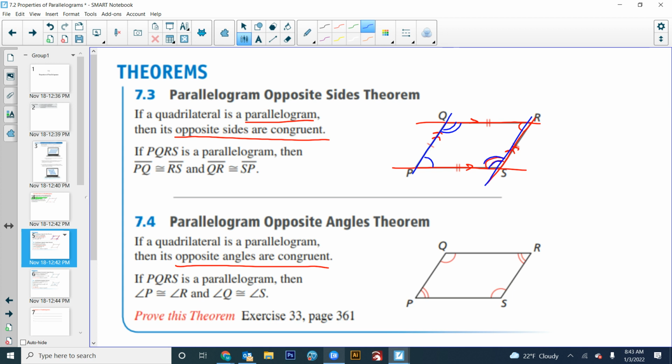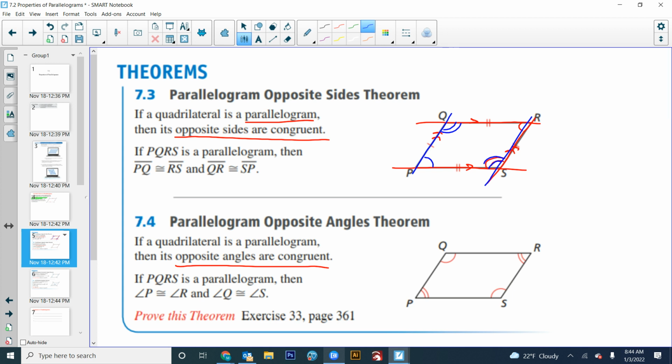If S is supplementary to P and Q is supplementary to P, then Q and S must be, careful. If S is supplementary to P, give me an example of two angles that are supplementary. Give me two numbers that add up to equal 180.